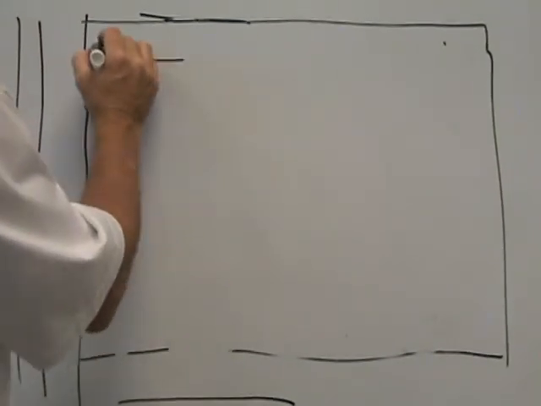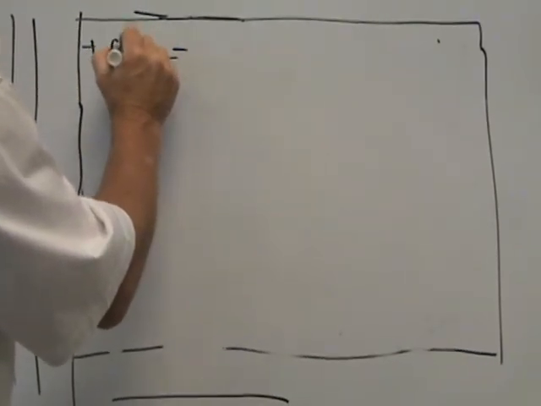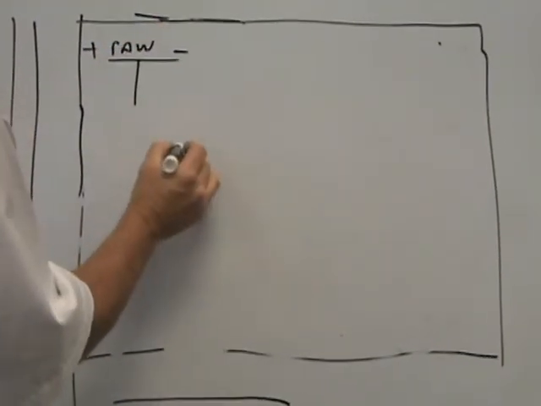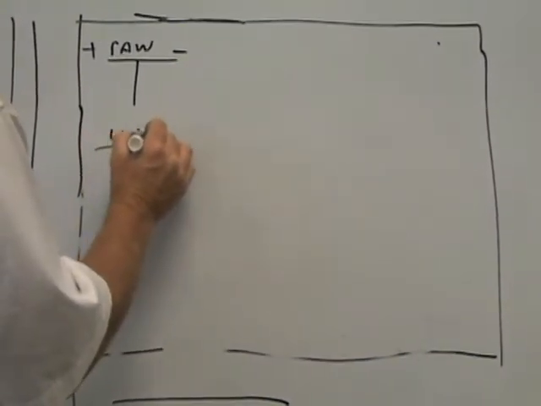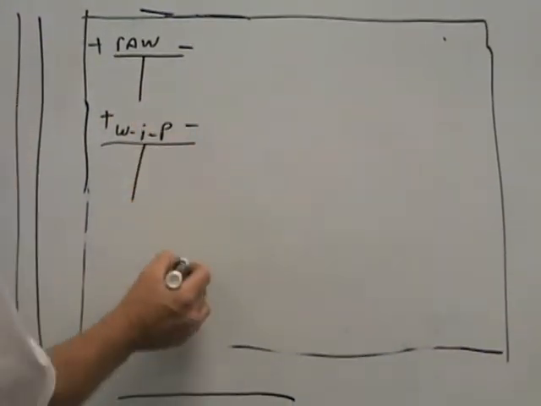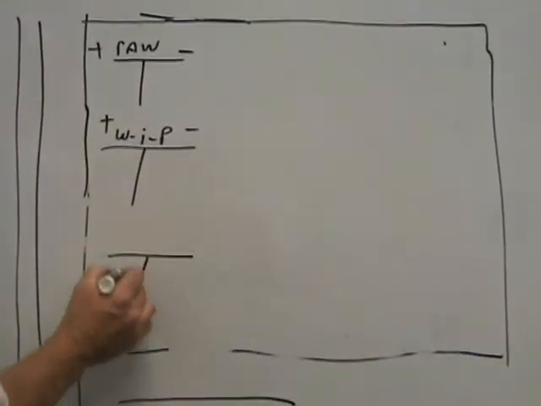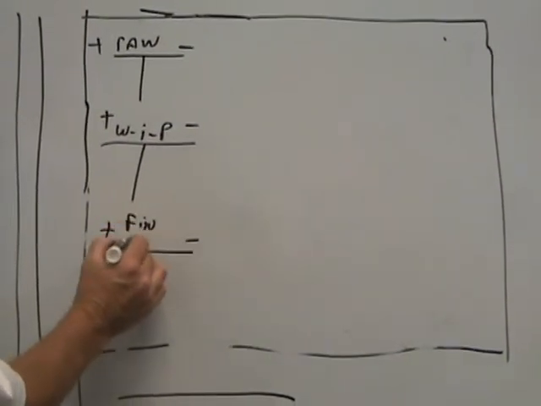instead of one account for inventory, we have three accounts, and they are raw material, something called WIP, work in process, an asset where products are partially made, and finished goods.